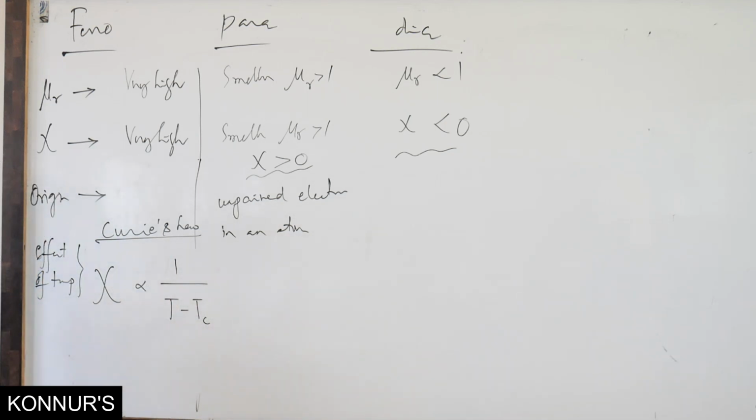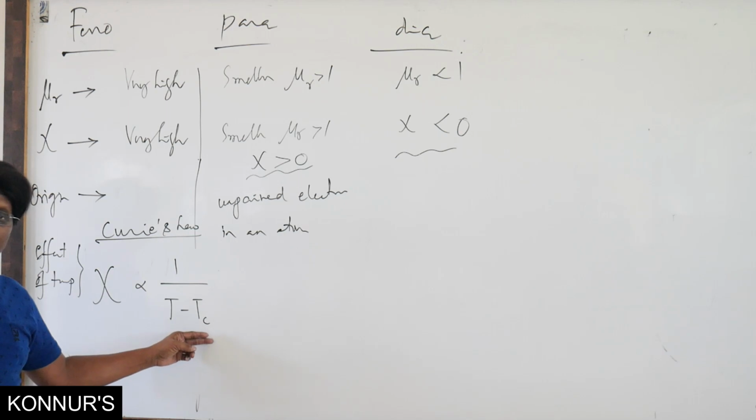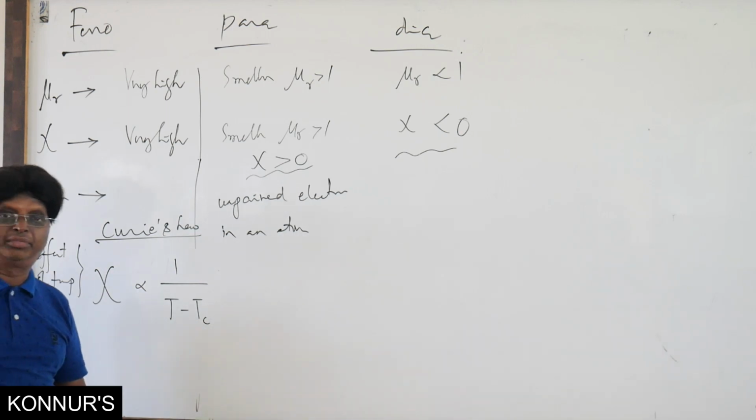I am using absolute temperatures. T is the temperature of this magnetic material or magnet, and Tc is a particular constant temperature called the Curie temperature, which is different for different materials.